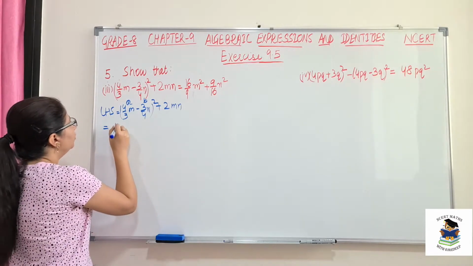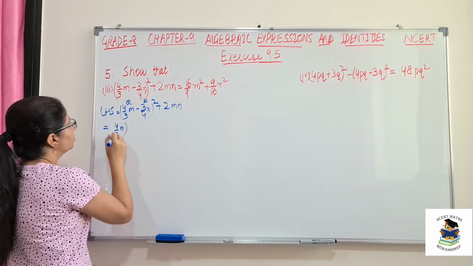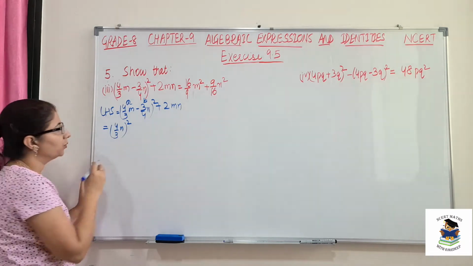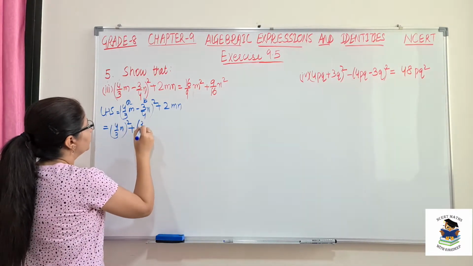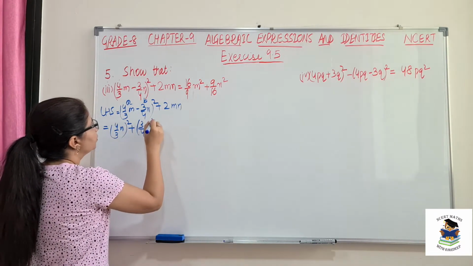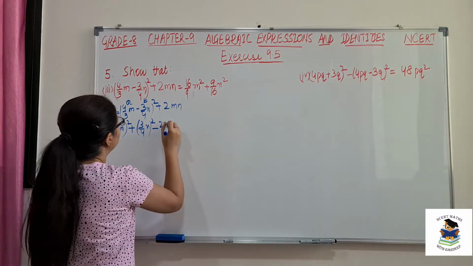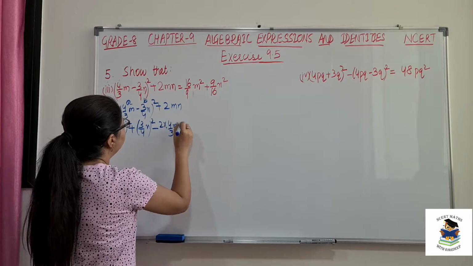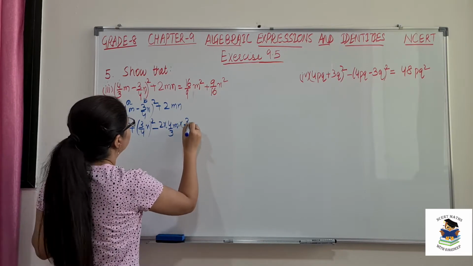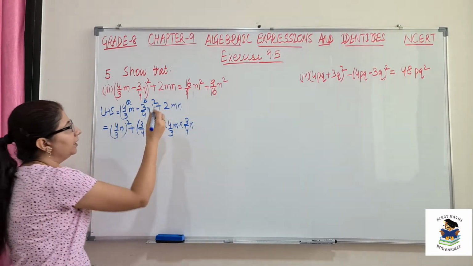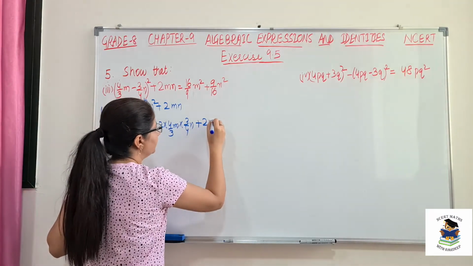So (a minus b) whole square is a square plus b square minus 2ab. So (4 by 3 m) whole square plus (3 by 4 n) whole square minus 2 into 4 by 3 m multiplied by 3 by 4 n. Okay, and this 2mn as it is.